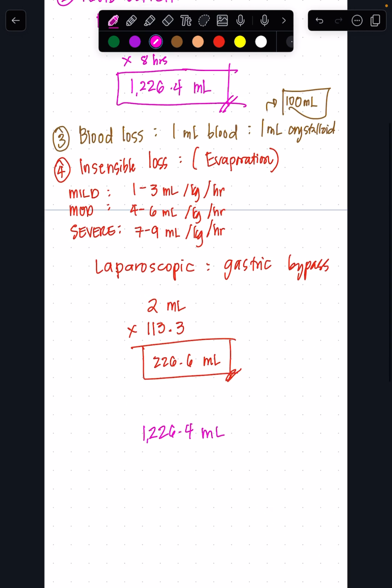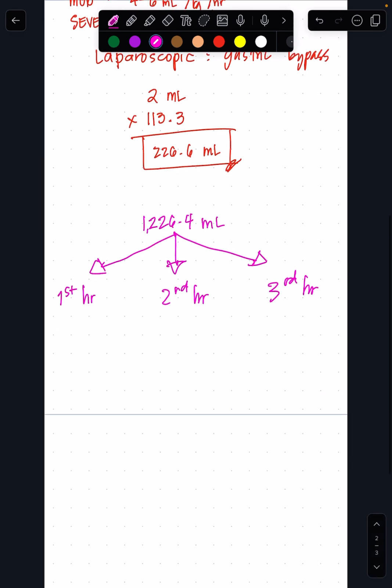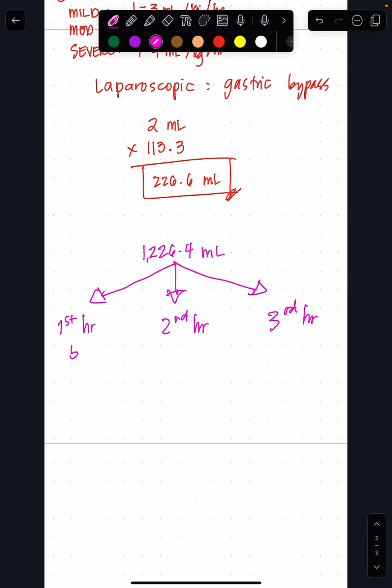And we need to divide this in 3 for 3 hours. First hour, second hour, and the third hour. So for the first hour, we give 50% of the total. Second hour, 25, and the third hour, another 25.